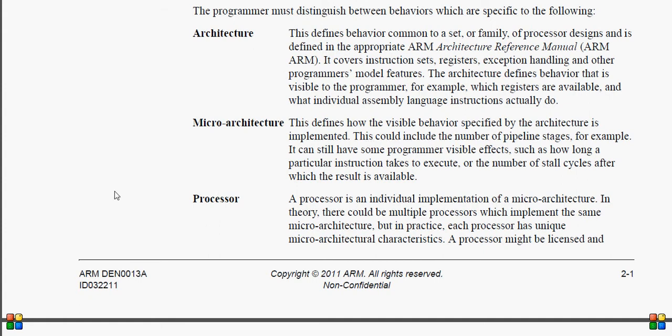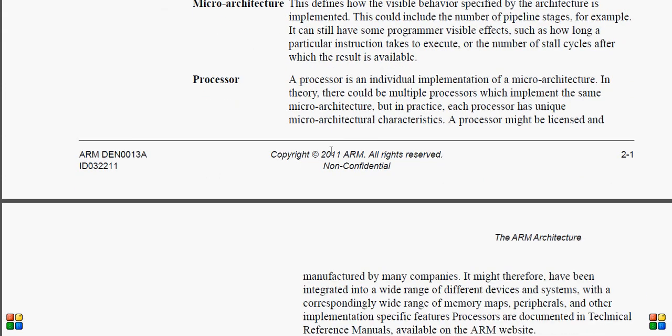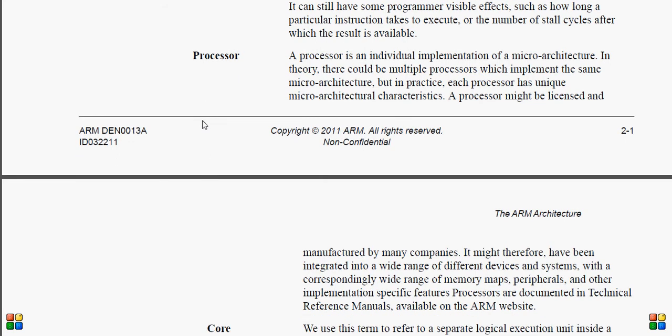Now coming to the processor. A processor is an individual implementation of a microarchitecture. There could be multiple processors which implement the same microarchitecture, but in practice each processor has unique microarchitectural characteristics. A processor might be licensed and manufactured by many companies.